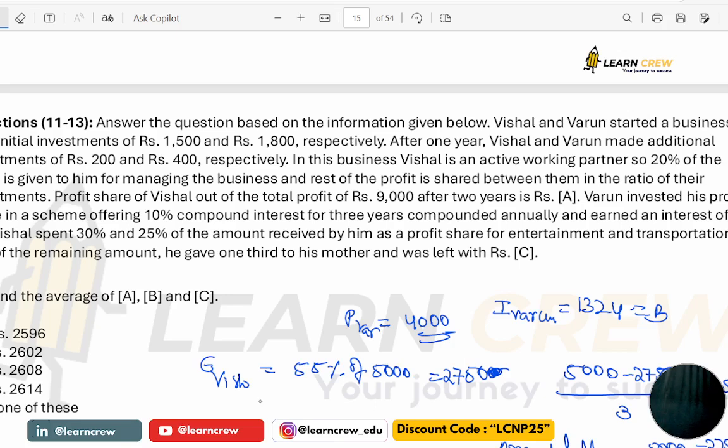Which is C. Now A plus B plus C divided by 3 is nothing but 5,000 plus 1324 plus 1,500 divided by 3, which is 7824 divided by 3. The answer is 2608.